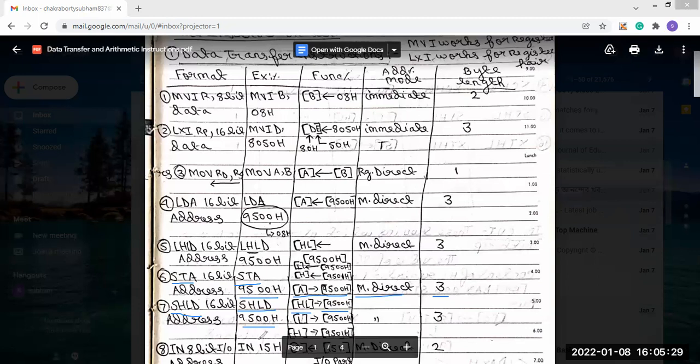Here also a memory address is specified, so it will be memory direct, and the byte length will be 3 bytes. So this is SHLD.